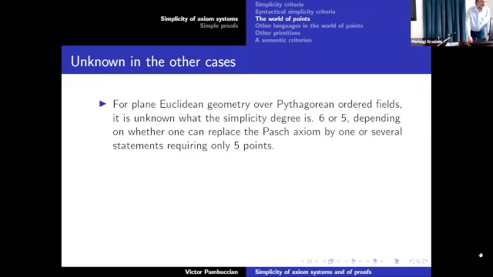So, in the case of Euclidean geometry over a Pythagorean ordered field, we don't know what it is. It's either 6 or 5, depending on whether you can replace Pasch by other things which are now helped by the congruence axioms to get somewhere. That's not known.